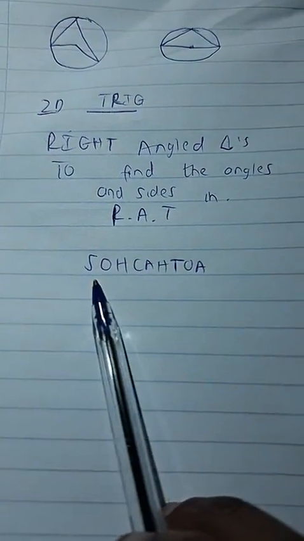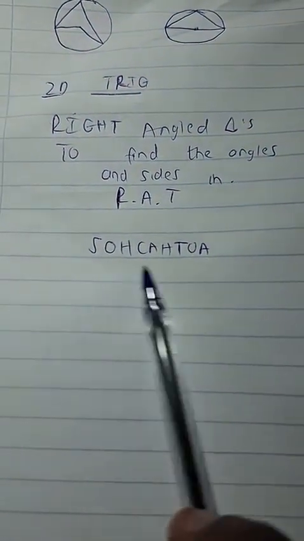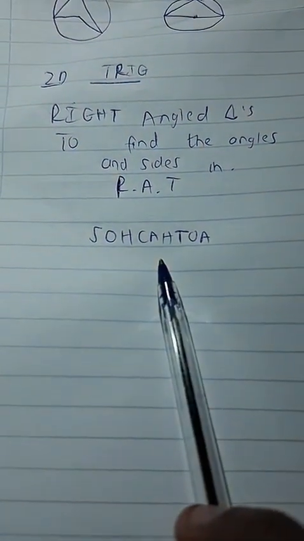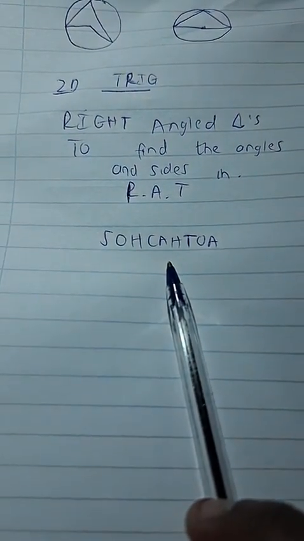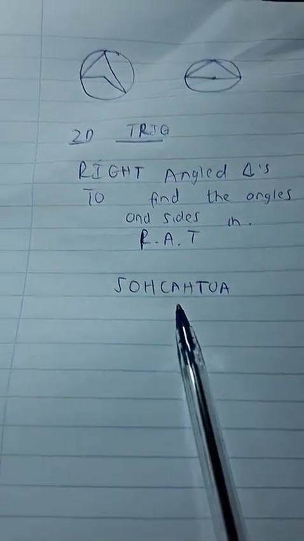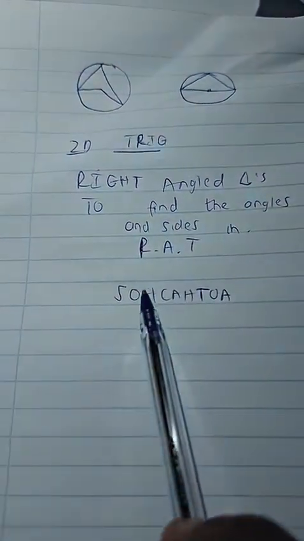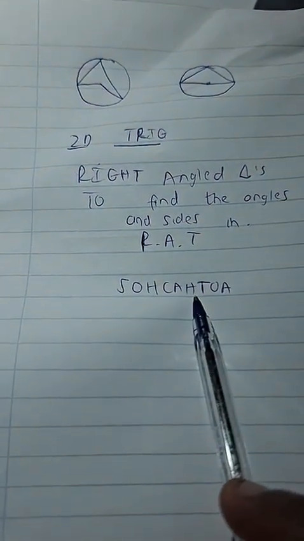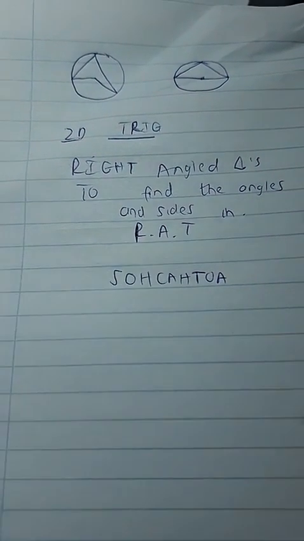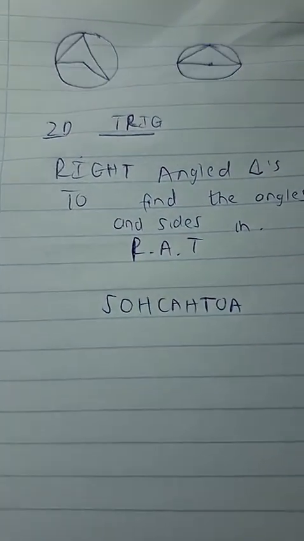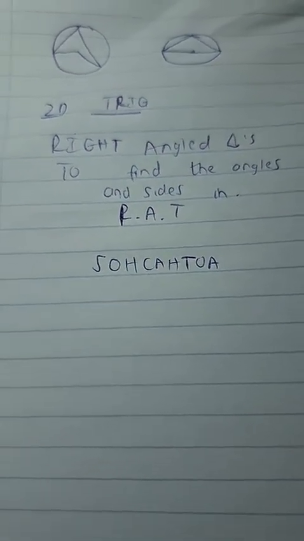So Aiden, do you know what SOHCAHTOA basically means, right? I don't need to explain that. Okay. For any right angle triangle to find missing angles and sides, you can use SOHCAHTOA. In other words, you can use the definitions of sine, cos, and tan, your basic trig definitions.